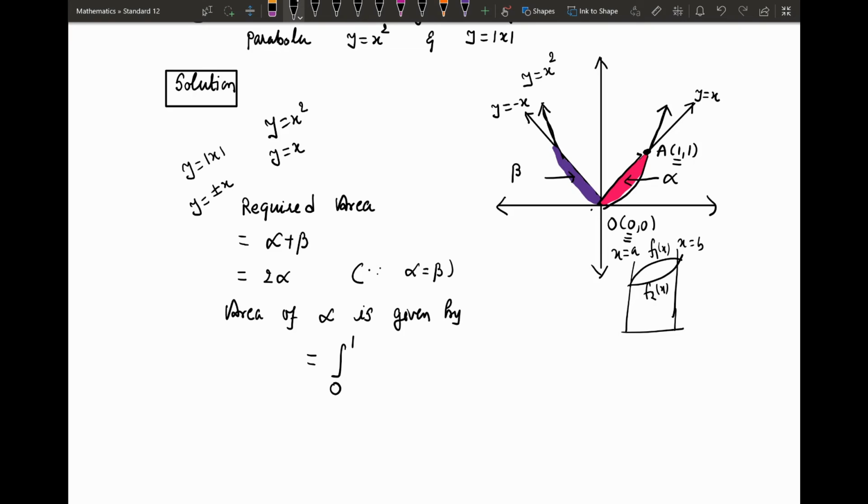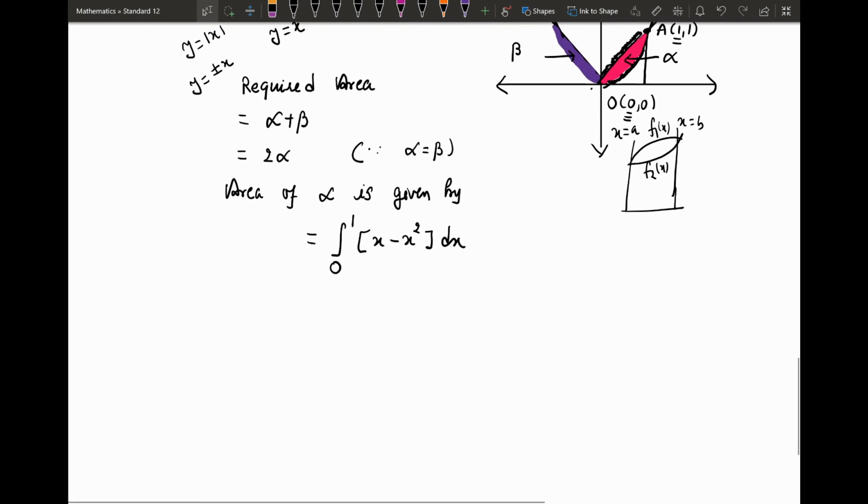Now from the upper curve, y as a function of x, this is y equal to x, so x minus, now from the lower curve we get y from the equation of the parabola, so this is x square dx.